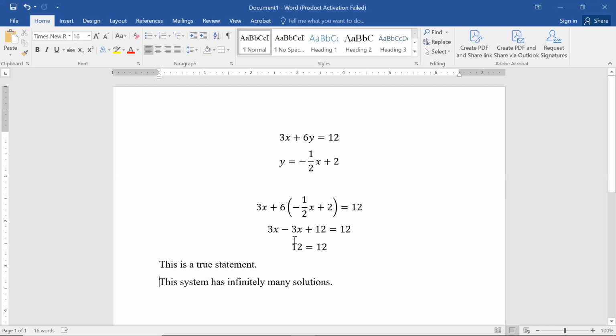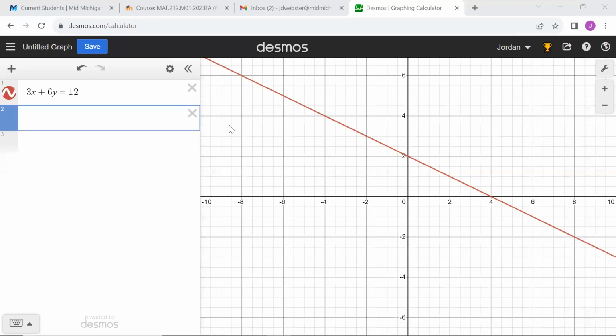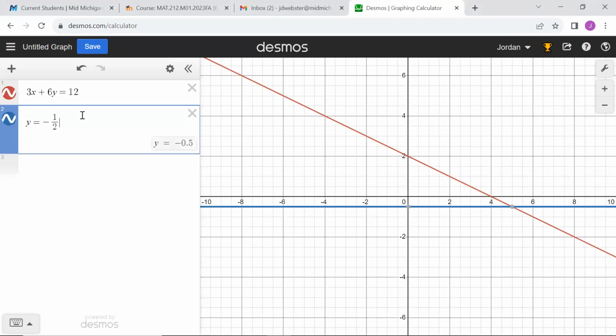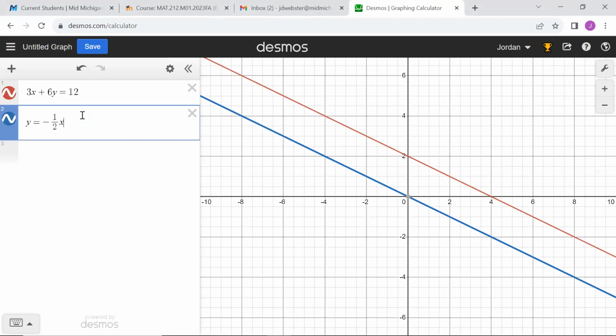Okay. Let me just graph that so that we have that in our reference. Here I'm graphing on Desmos 3x plus 6y equals 12. Looks like this. Y equals negative 1/2 x plus 2.